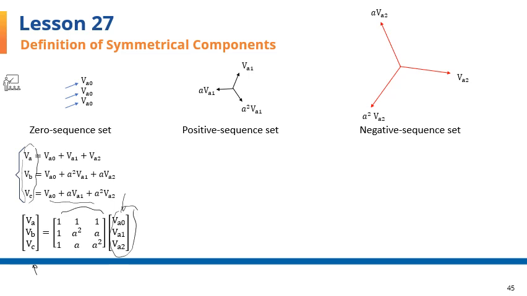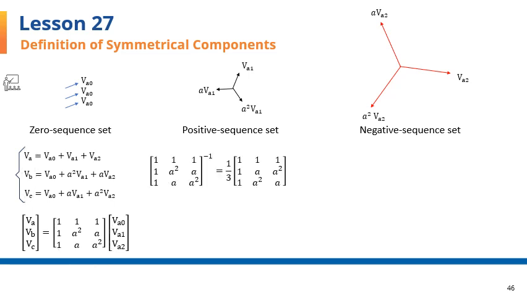To find these unknowns, VA0, VA1, VA2, we're going to be multiplying both sides of this equation by the inverse of this matrix.